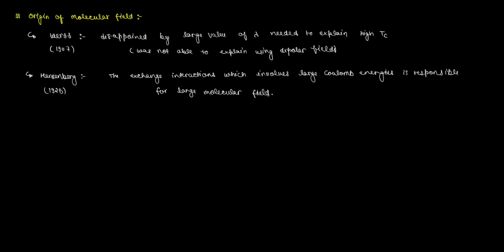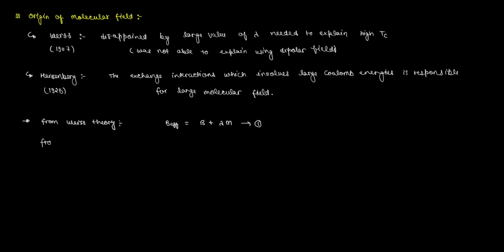Now let us combine these two theories to give a meaningful justification to the molecular field constant lambda. According to Weiss's theory, in the ferromagnets there exists an effective magnetic field which is equal to external magnetic field plus local internal magnetic field.